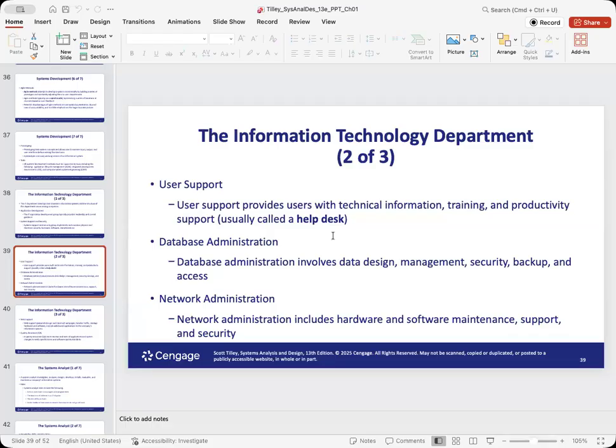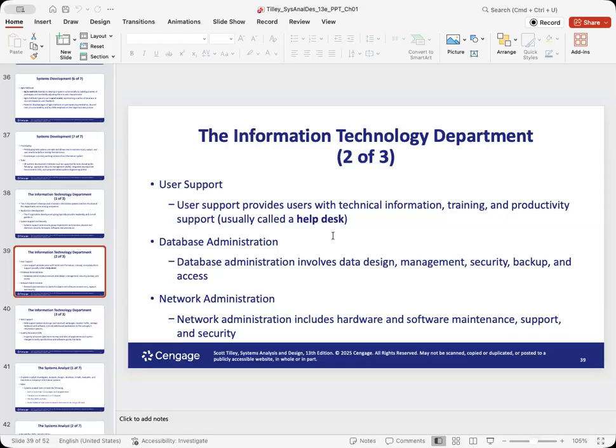And I have the network. So under the IT department, these are the subgroups you will see: network administration, database administration, user support. That is where a user will call and say, oh, I have a problem, especially if it's an IT organization that develops systems.